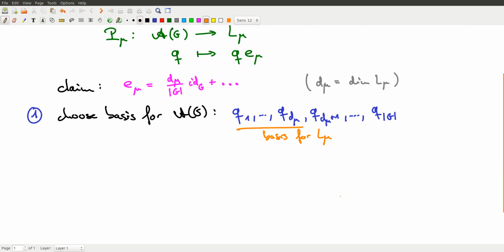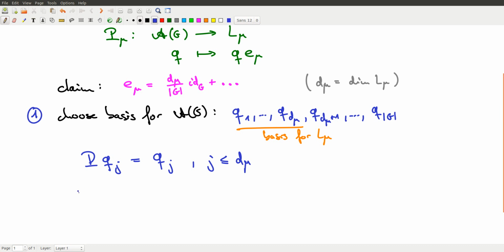Now when we apply our projection, then it takes q_j and maps it back to q_j if j is less than or equal to d_mu.